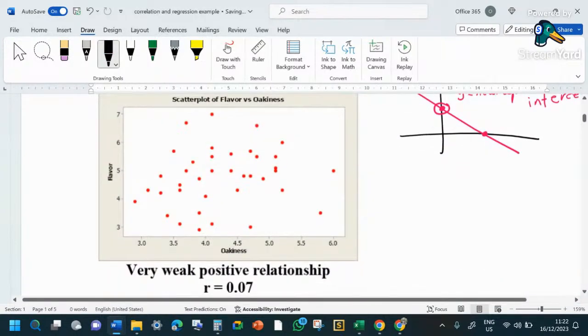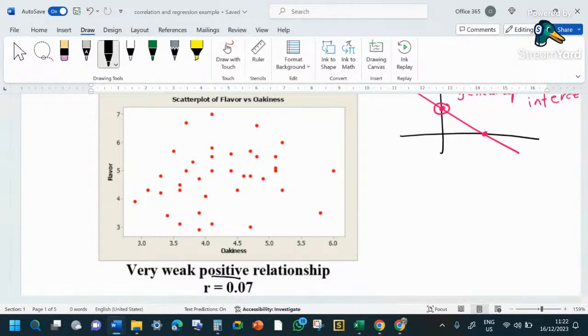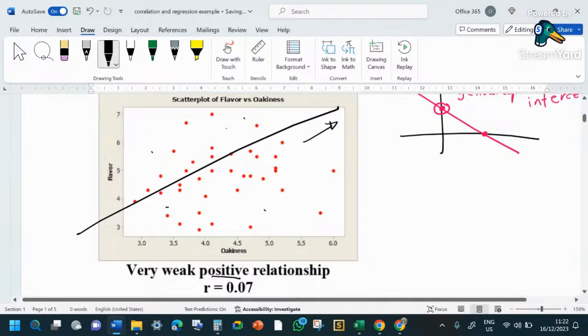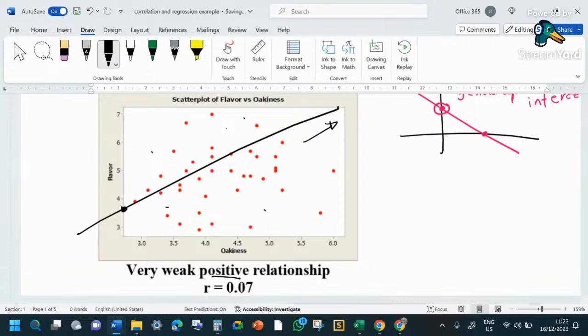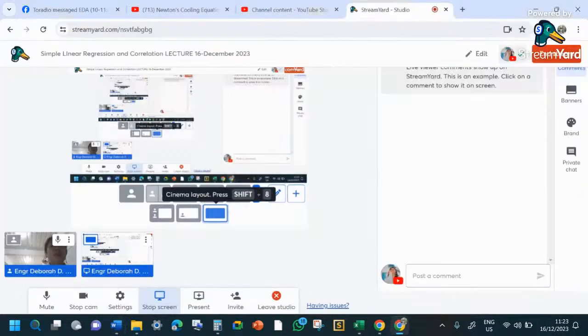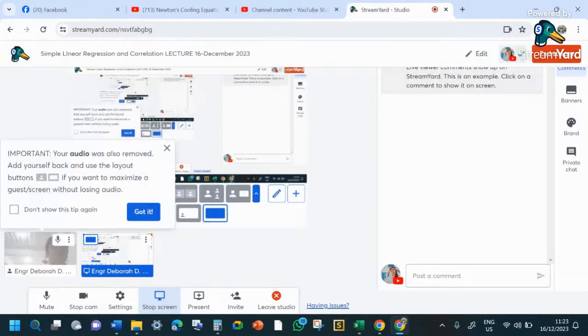You will know whether it's a very weak positive relationship, positive because they are going up to the right, but weak because they are too scattered and you do not know where to draw your line. But here I can see that there are more dots in the area, so I can draw it like that. In that case, you will have a y-intercept here.